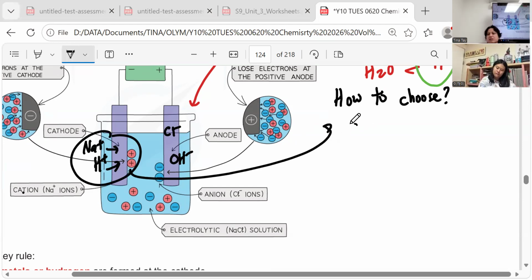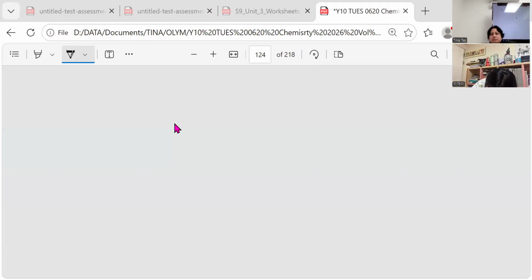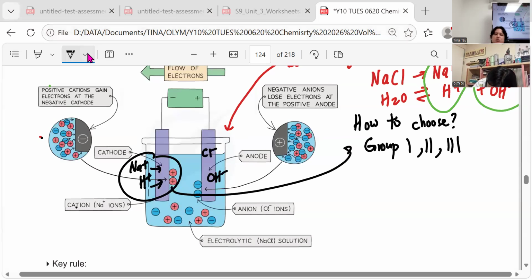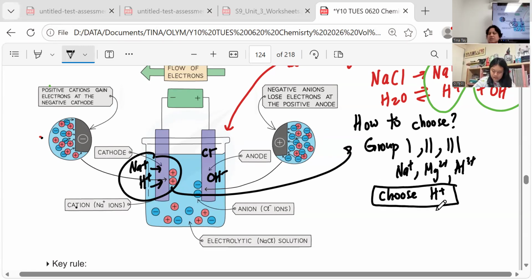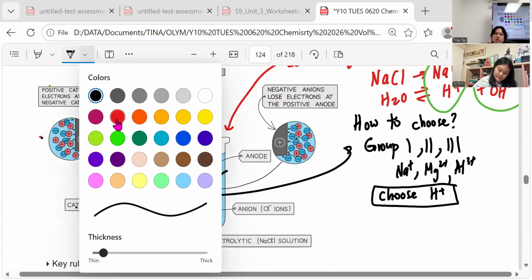If it is group 1, 2, and 3, for example, sodium ion, magnesium ion, aluminium ion, you do not choose these three. You do not choose from group 1. You choose hydrogen ion instead. Okay? So that's the first rule.